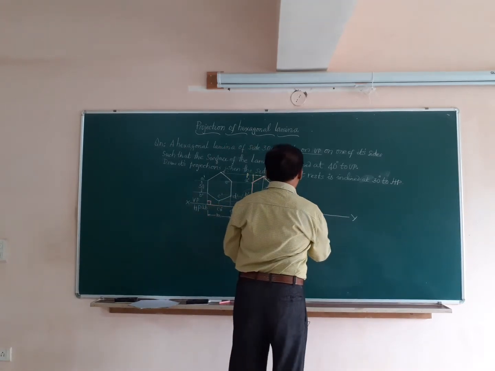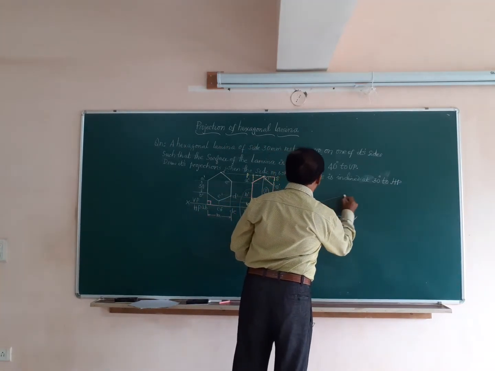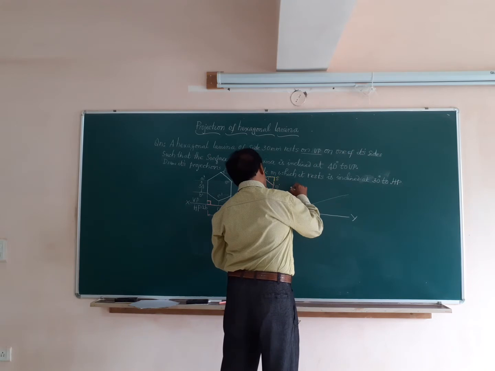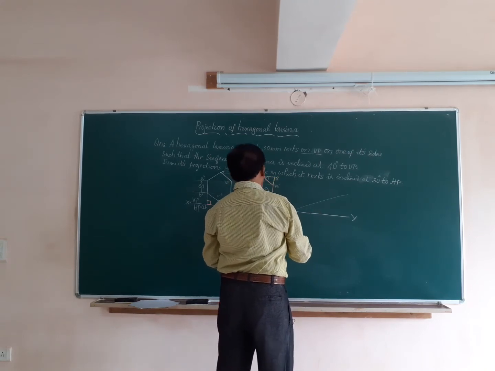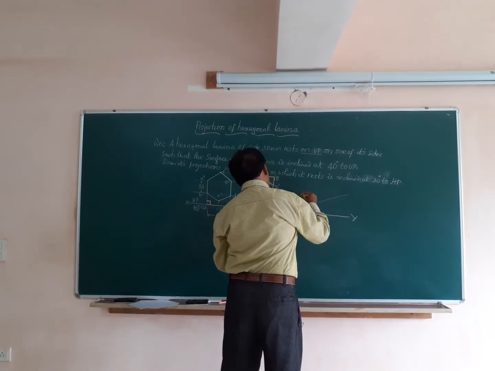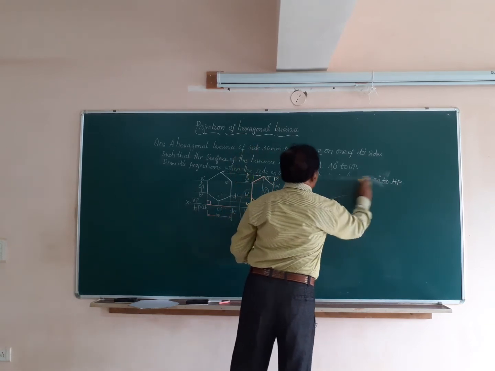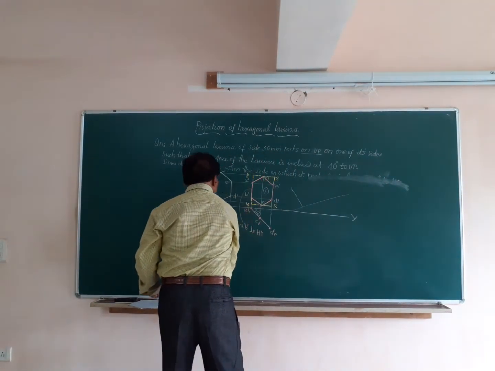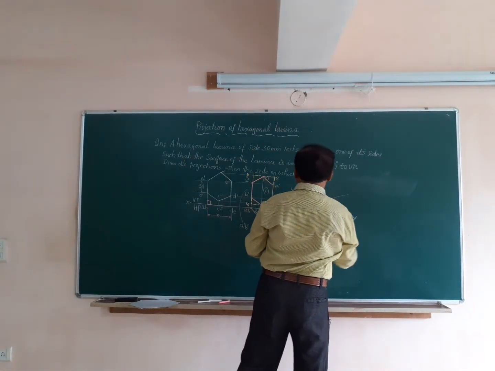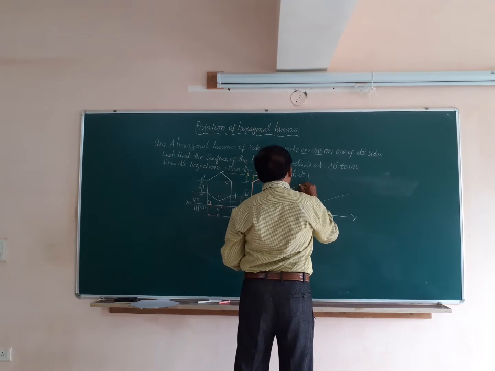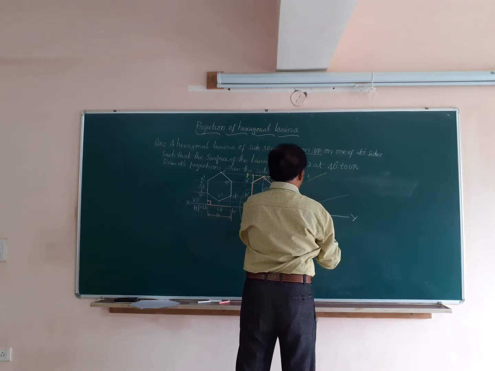Friends, I am going to construct a rectangular box PQRS here. So let me say I am starting from here. So this is the box we have got. This box I am going to complete here. This is the box PQRS.